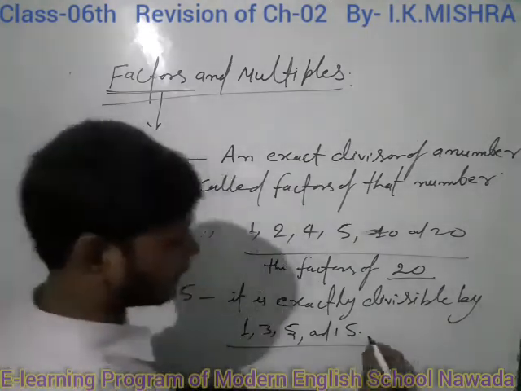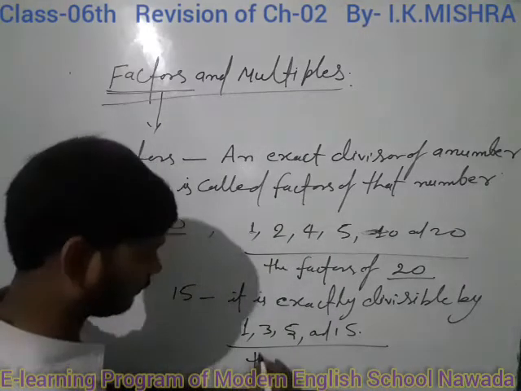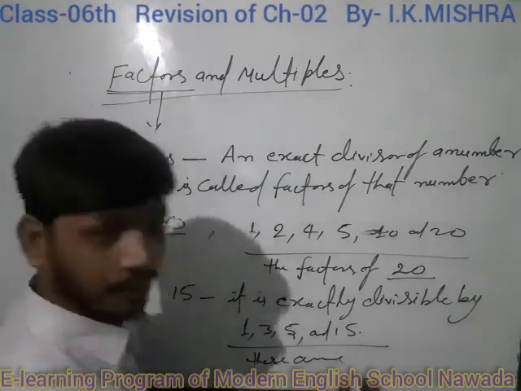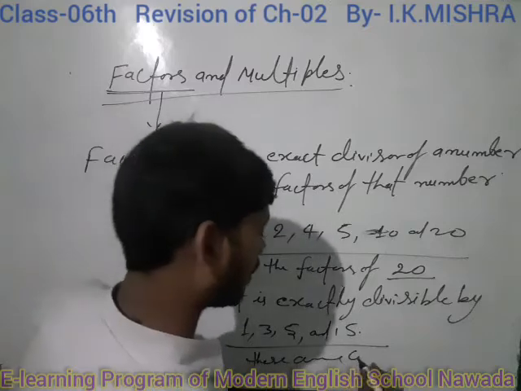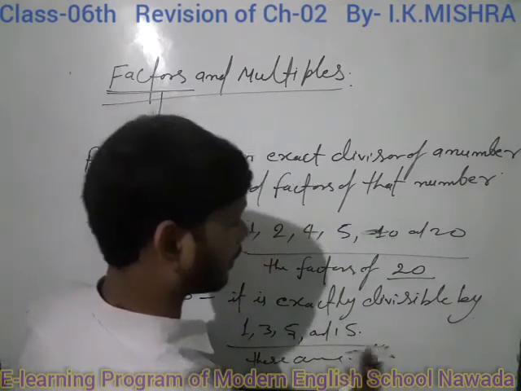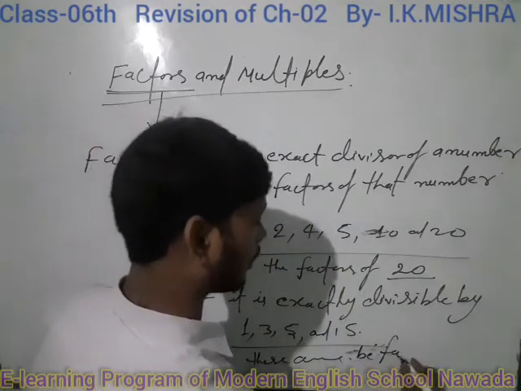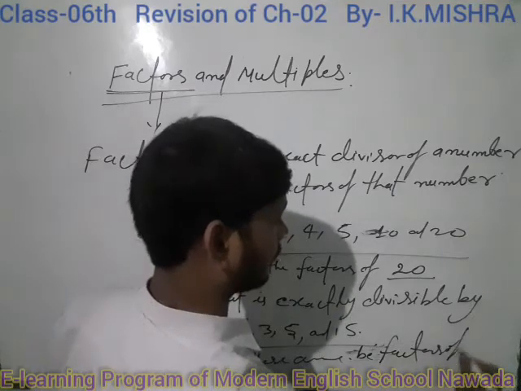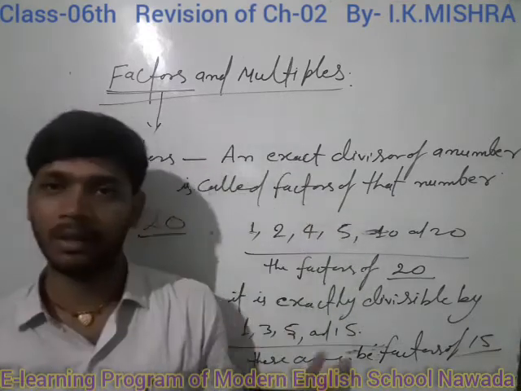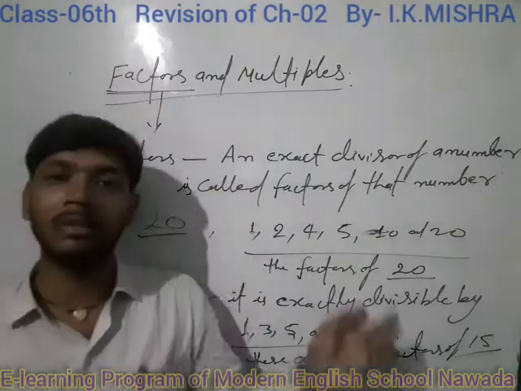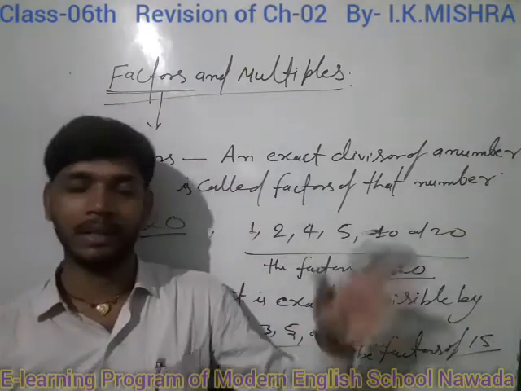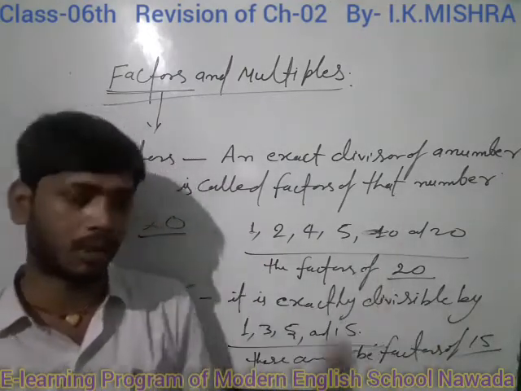So these are the factors of 15. That means, clear students, the exact divisor of a number is called a factor of that number.